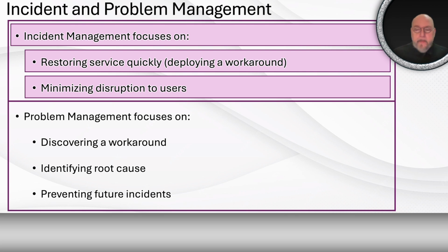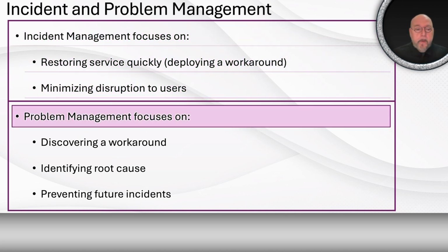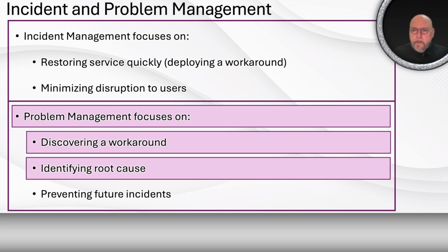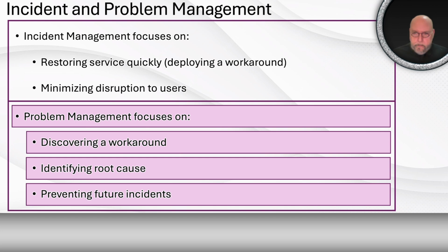Now, problem management is a related discipline. Sometimes it works well with incident management. Sometimes it clashes. Problem management focuses on discovering that workaround, identifying eventually the root cause, and trying to prevent future incidents being caused by that same root cause by removing that root cause.